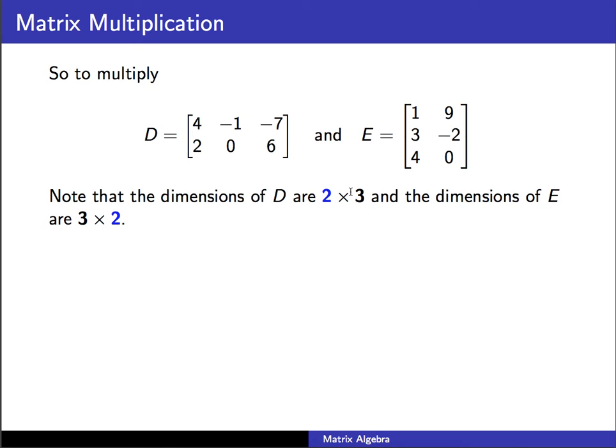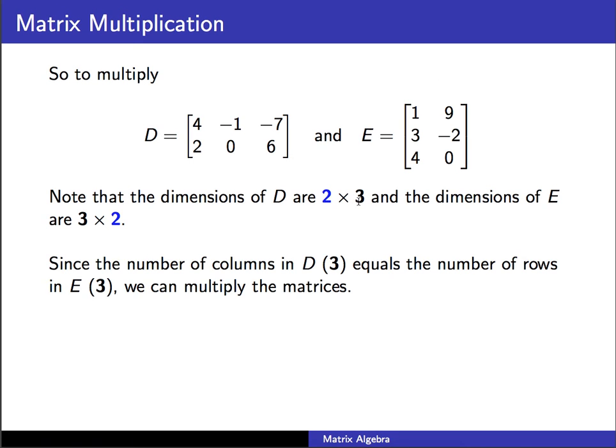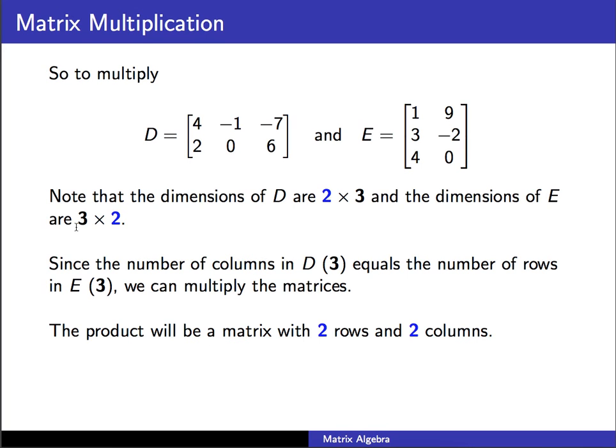Since the number of columns in D, which is 3, equals the number of rows in E, which is also 3, we can multiply the matrices together. And the product, our answer, is going to be a matrix with 2 rows and 2 columns. These outer dimensions, the number of rows in D and the number of columns in E, tell you the size of your answer.